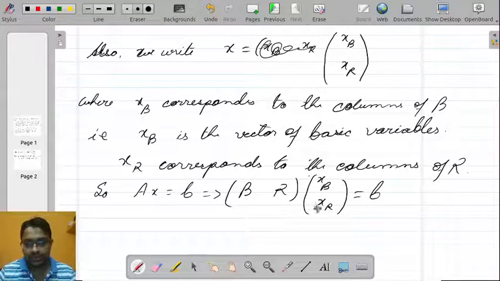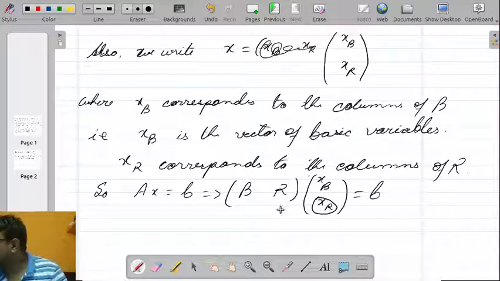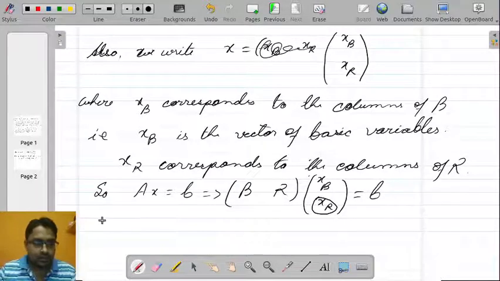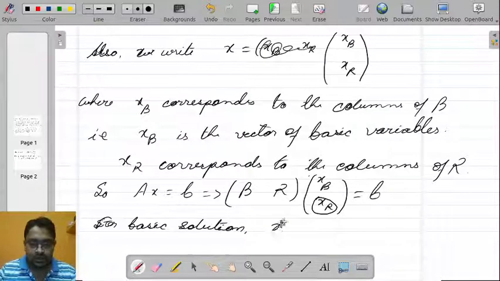For the basic solution, all other variables are taken to be 0. So xR is actually the zero vector.